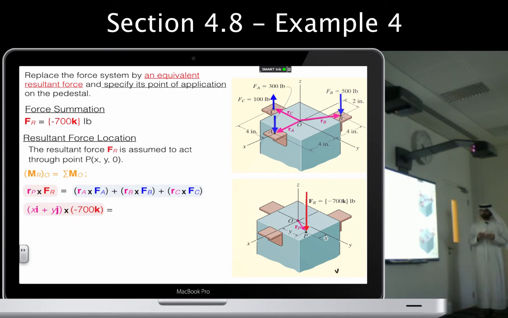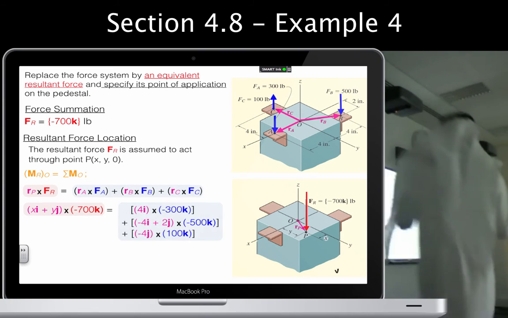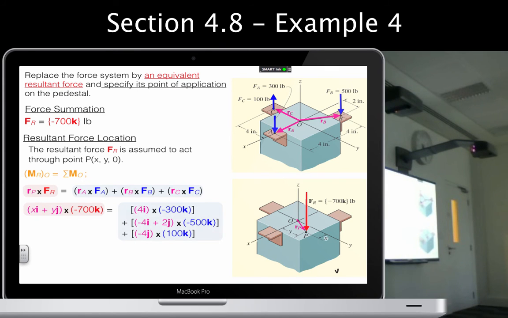So X, Y are unknowns, multiplied by the force vector, which is minus 700k. Then you have three forces, 300 and 100 and 500. Each one of those we multiply by its position vector, and this will be our right-hand side of the equation.